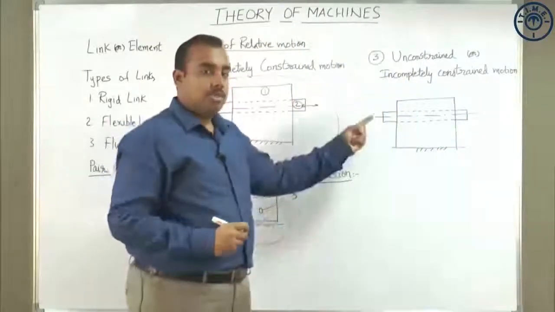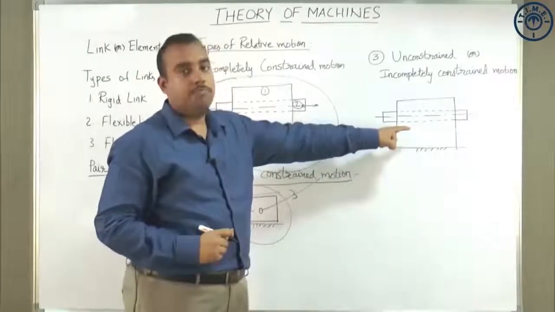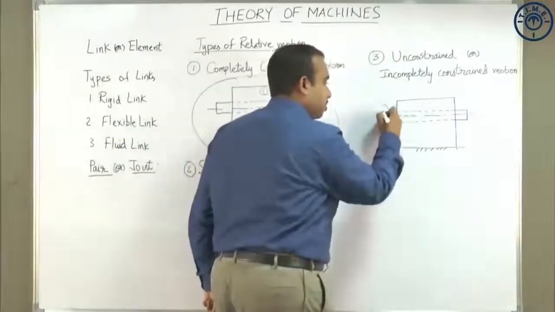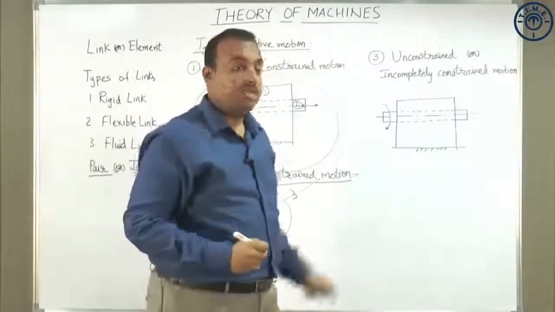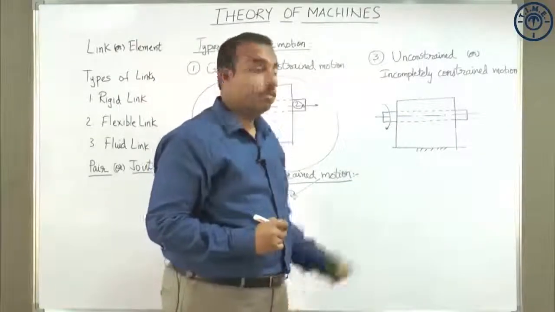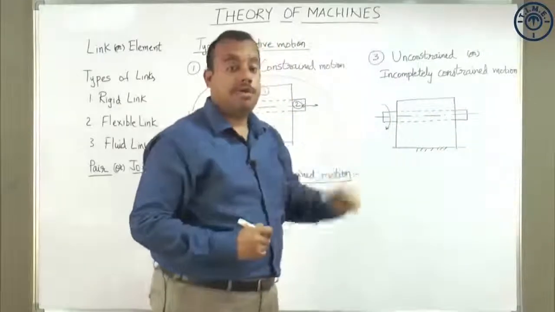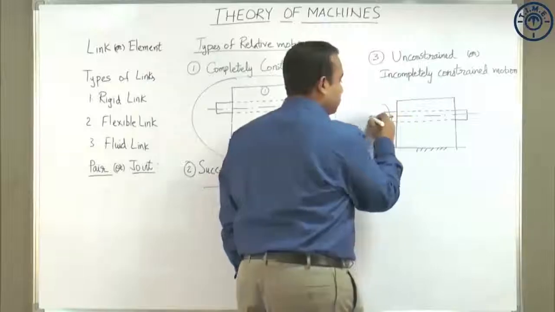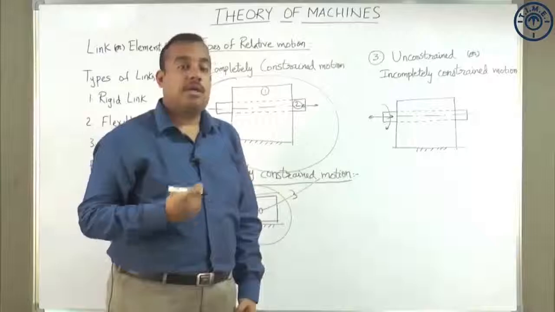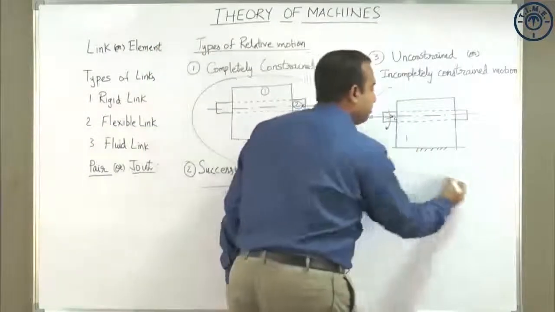Now, when this circular cross sectional shaft is moving inside this circular cross sectional hole, there is not only rotation of the shaft with respect to this cylinder block, but also the shaft can translate or reciprocate. So, it is having two motions. We are not able to constrain the relative motion between the two links of the system.